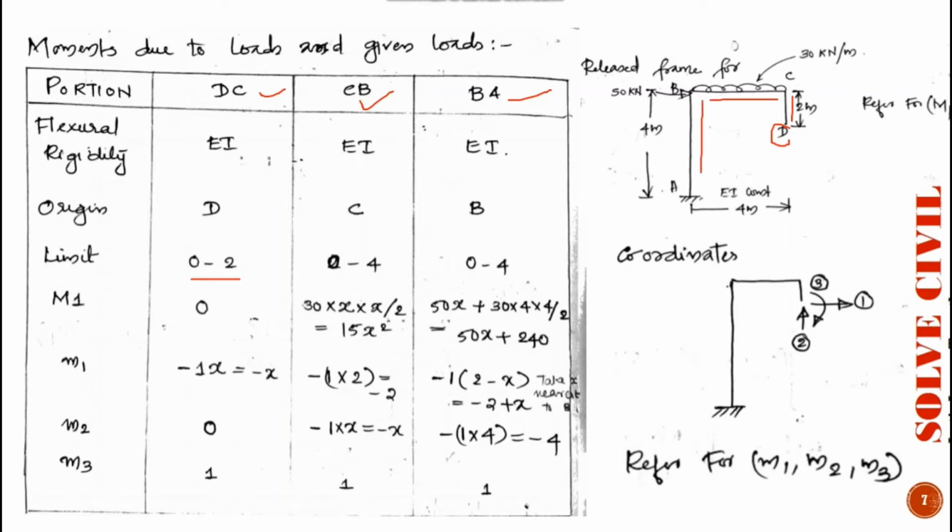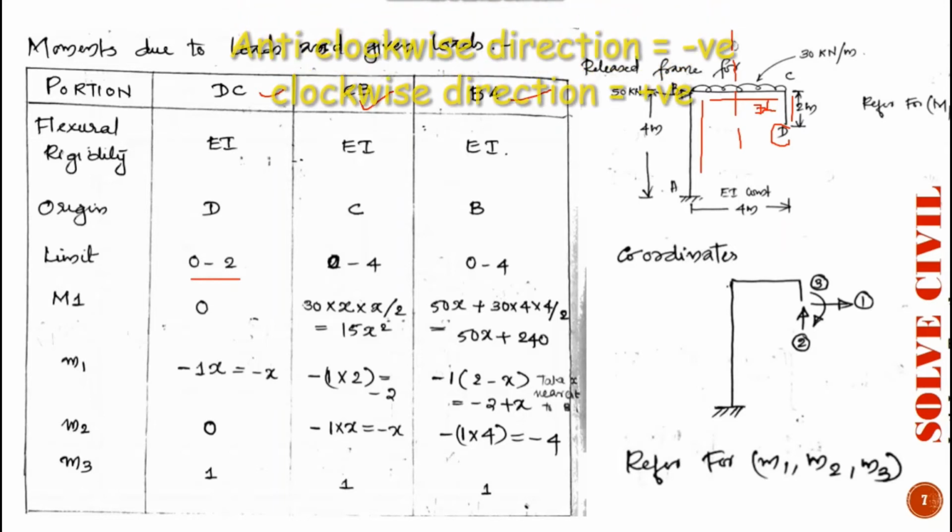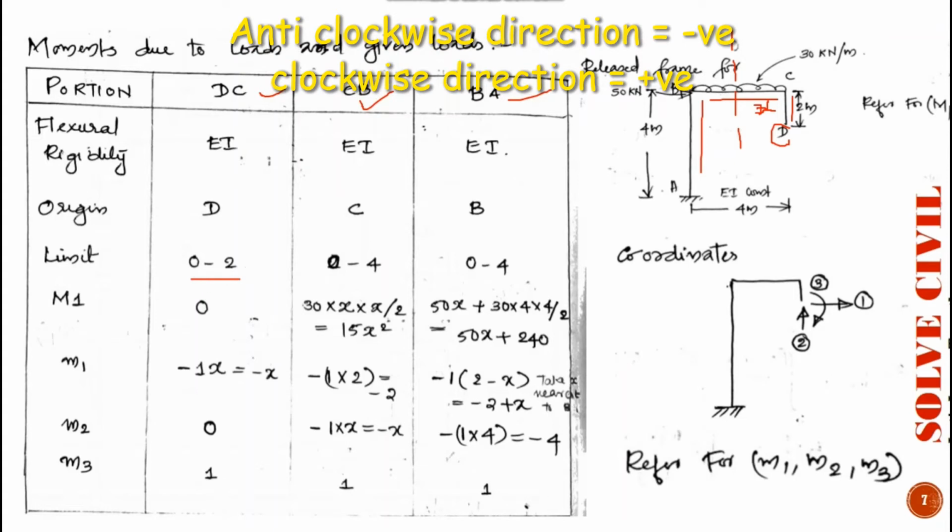Now we have to find the moment due to given loads. Since there are no loads on DC, the moment will be 0. In case of CB, consider a portion like this having x distance from C. The moment will be 30 into x.